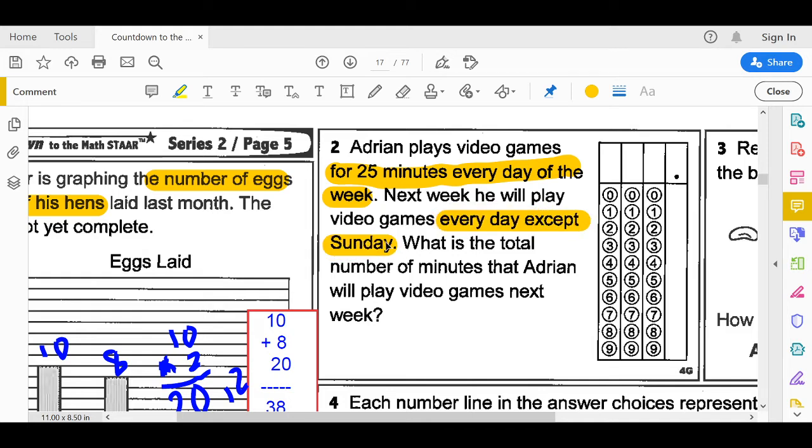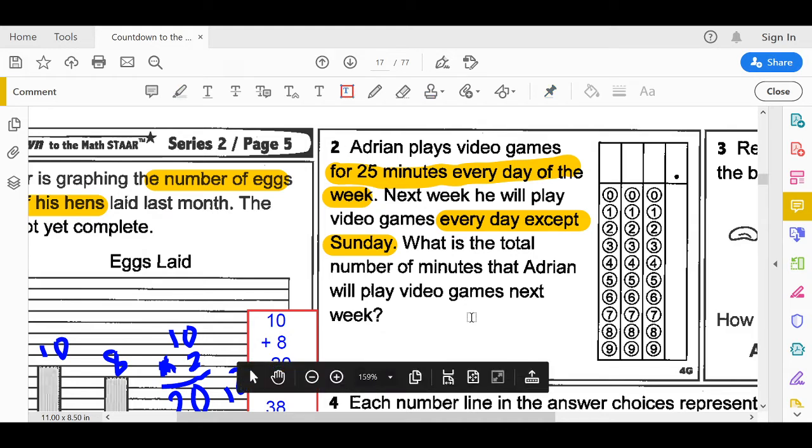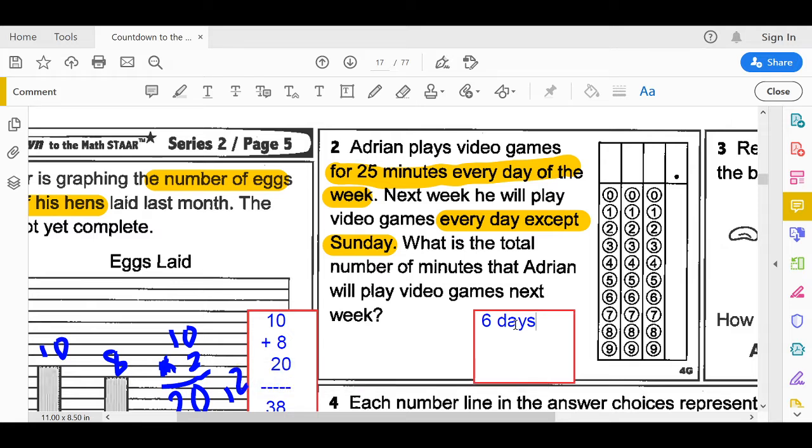So one day he will not play. So he still has 7 days of the week minus 1. He has 6 days of that week that he's going to play video games. So 6 days. And each day he's going to play for 25 minutes. What is the total number of minutes that Adrian will play video games next week?